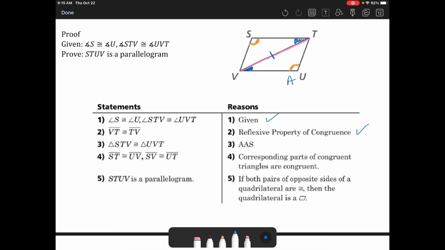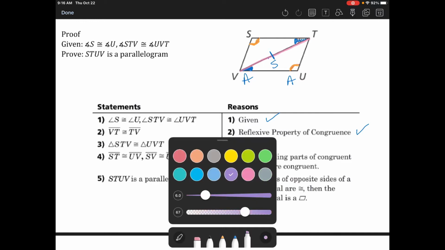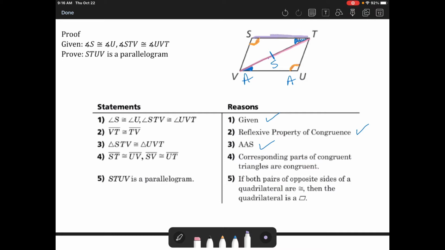So by angle, side, angle, the two triangles are congruent. Now, because the two triangles are congruent, all the other corresponding parts that we mentioned are also congruent by CPCTC. So we can say that ST is congruent to VU.